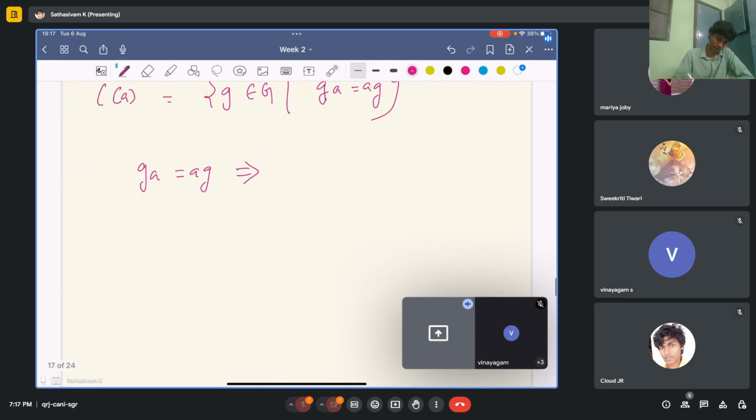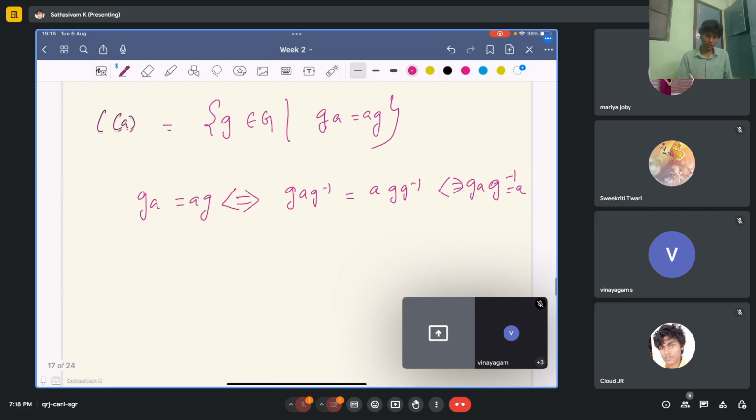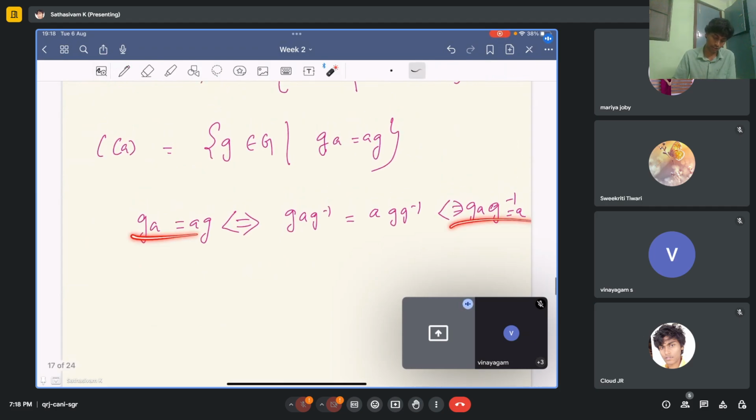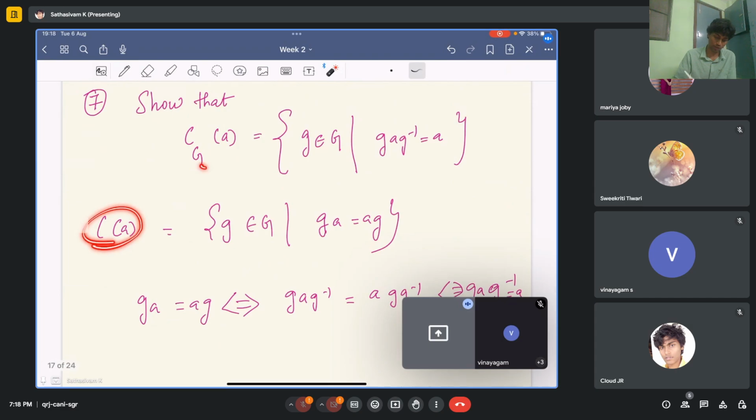Okay, so let me write it here. ga g inverse equals ag inverse, but then this cancels out, so this is equal to ga g inverse if and only if equal to a. Okay, so these two statements are equal, and hence these two subgroups are equal.